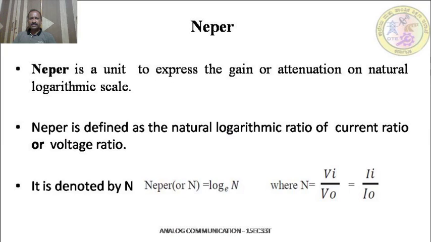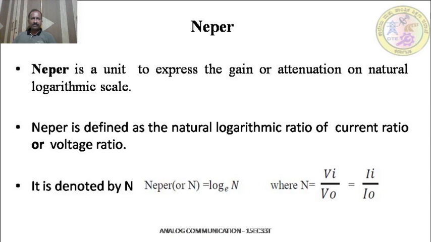Next, you are going to see Neper. The Neper is a unit to express the gain or attenuation on natural logarithmic scale. The previous two are represented in logarithmic scale. This one is natural log. Neper is defined as natural logarithmic ratio of current ratio or voltage ratio.